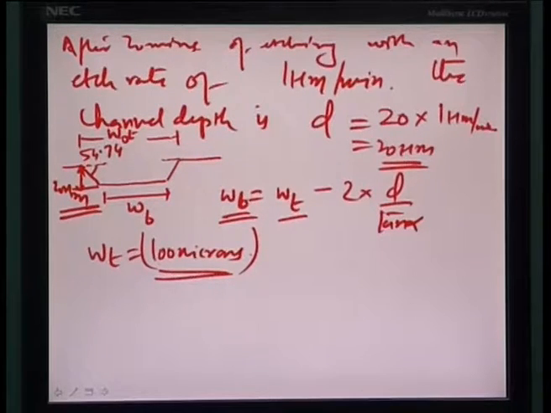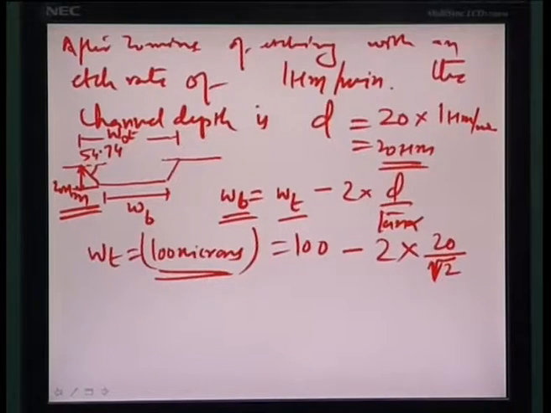Now, if that is so, the bottom width here is WT minus 2 times d by tan alpha. D is the etch depth, about 20 micrometers, and 1 by tan alpha is root 2, I am sorry, so tan alpha is 1 by root 2, as we know.